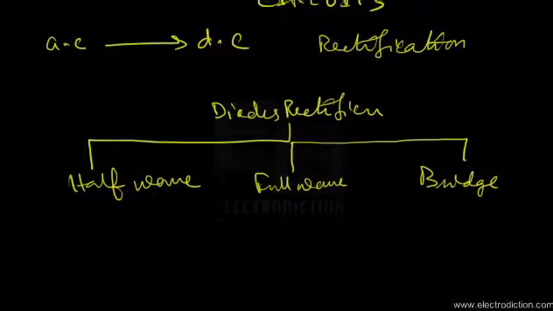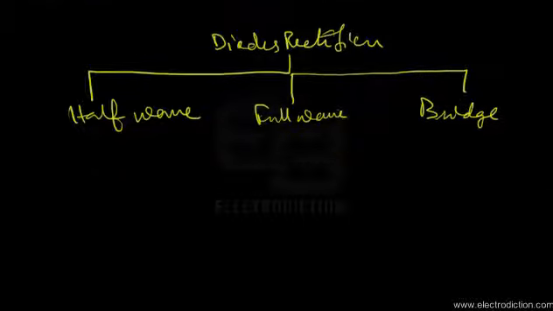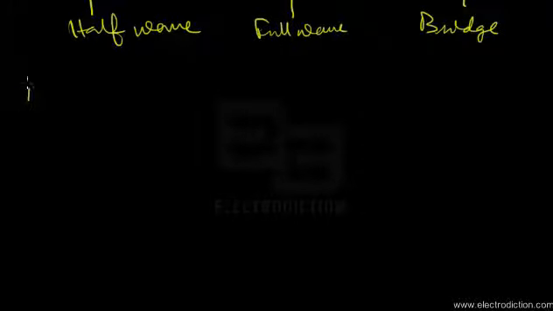Primarily in this tutorial we'll discuss the half wave and the full wave rectifier circuits, and for a discussion on the bridge rectifier circuit please follow part 2 of our tutorial on diode rectifier circuits. Having said that, let's move on to the characteristics of a half wave rectifier.